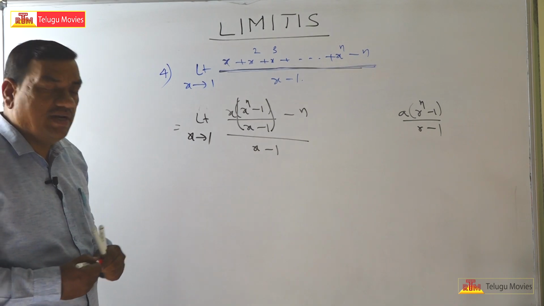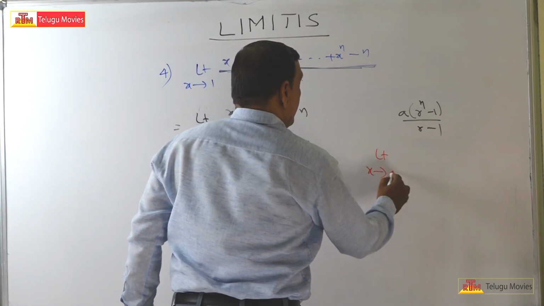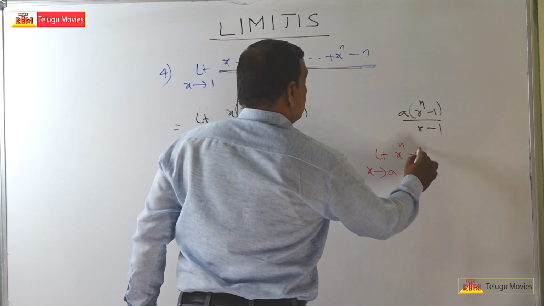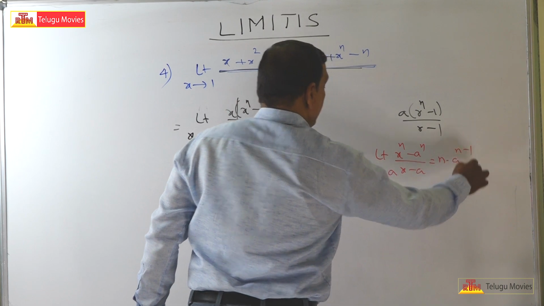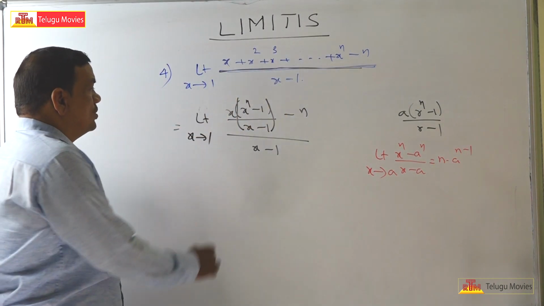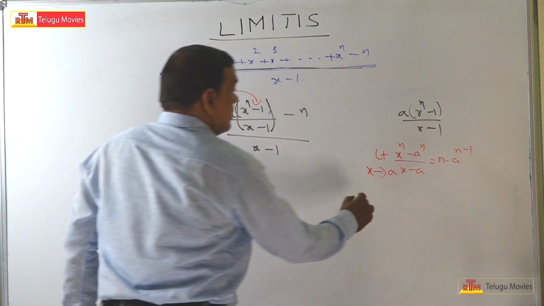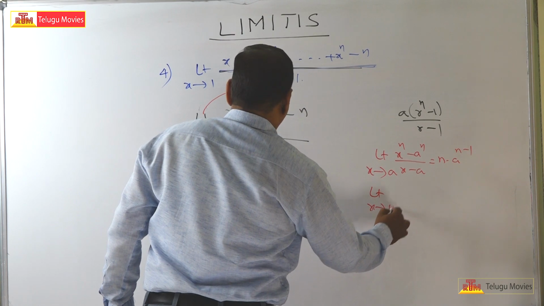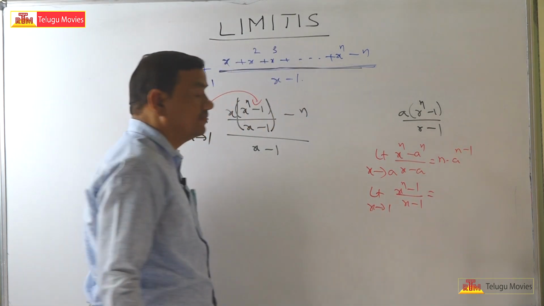So in limits, we have a very important formula, that is limit x tends to a, (x power n minus a power n) by (x minus a) is equal to n into a to the power of n minus 1. So if you apply the limit here, limit x tends to 1, (x power n minus 1) upon (x minus 1) is equal to how much?